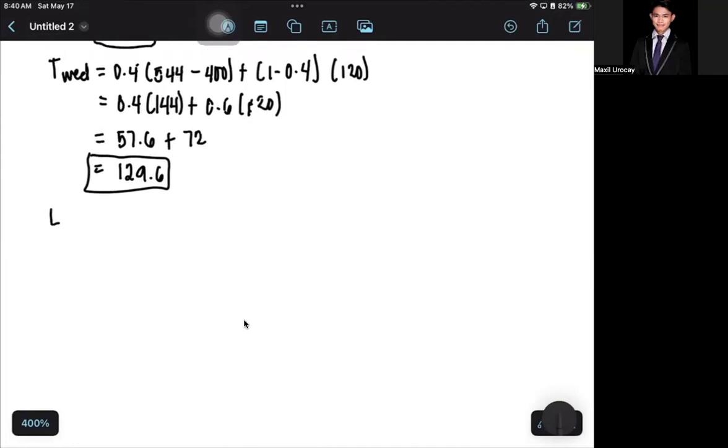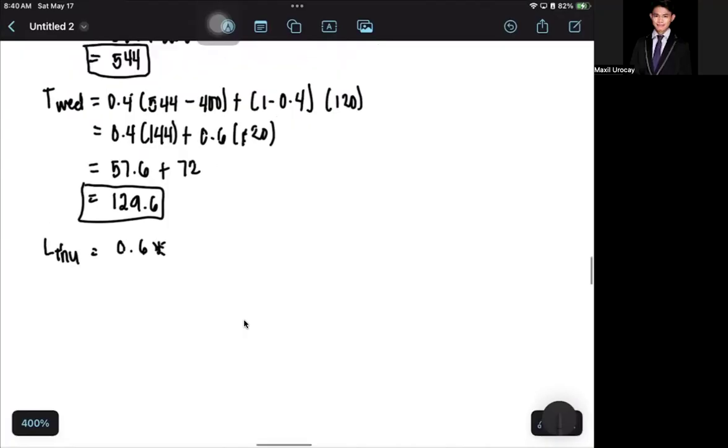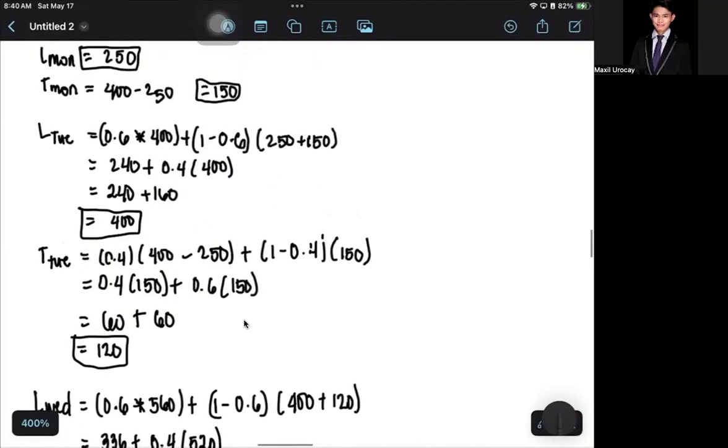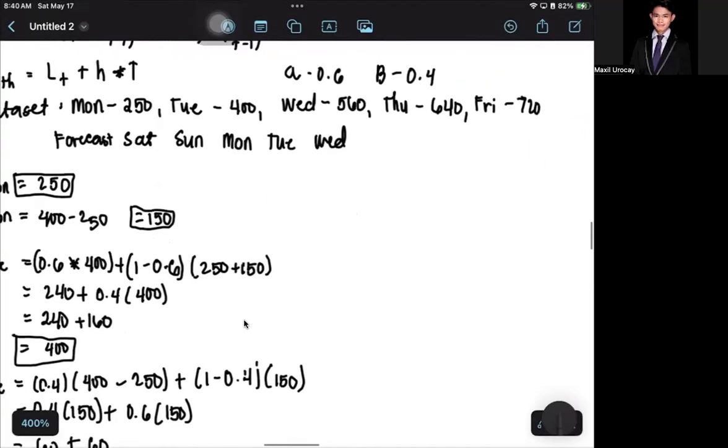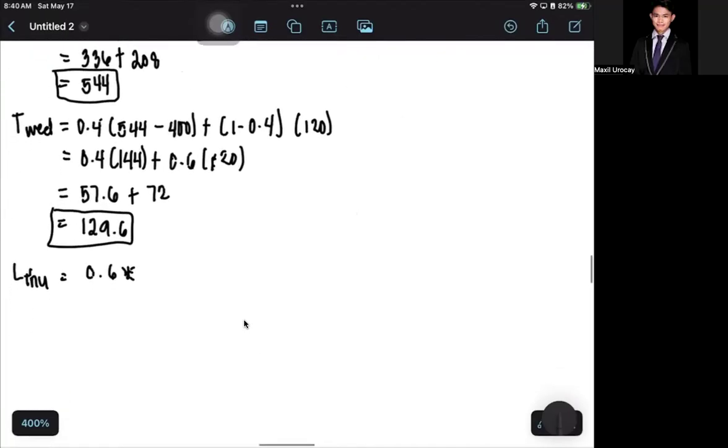Now let's proceed to the Thursday level, which is your alpha being set at 0.6 times the data of Thursday. What is the data of Thursday? That is 640.